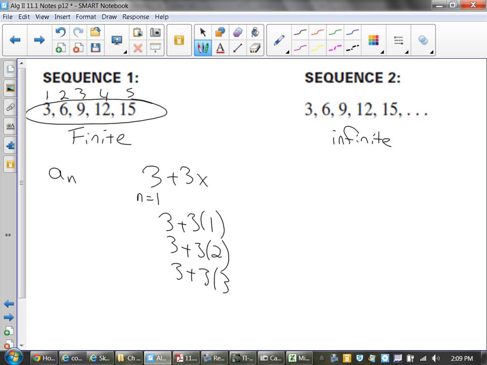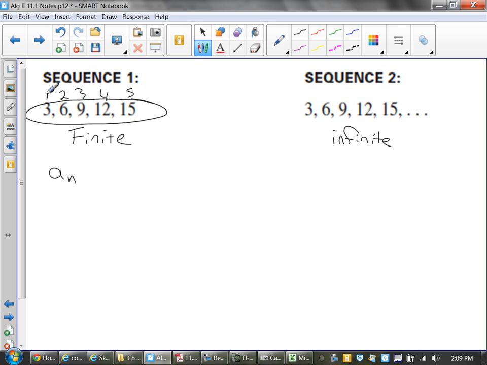What's happening here is that this can be written in terms of n as 3n, where this n value determines the number in the sequence.